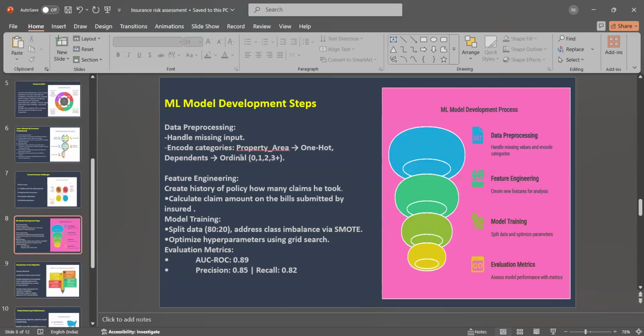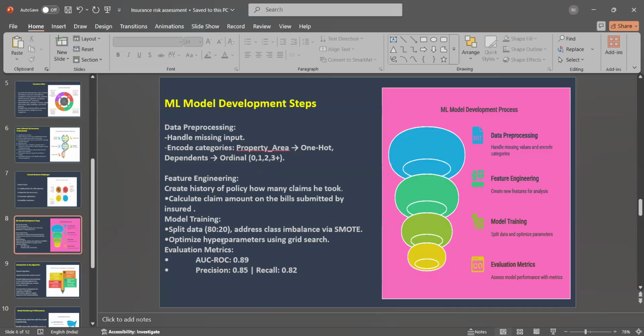My ML development steps. For data processing, handling missing input: in my data, I will handle the missing inputs. Encode categories based on dependence, ordinal 1 to 3. In feature engineering, I will create a history. I will check the history of the policy, how many claims he took on that one policy.